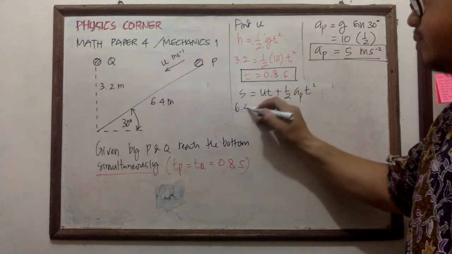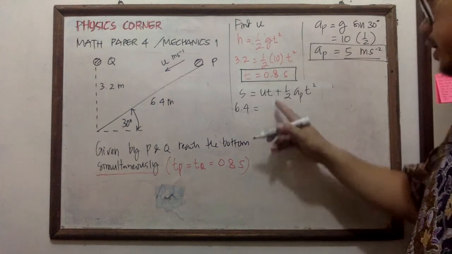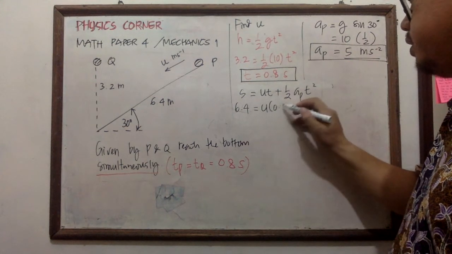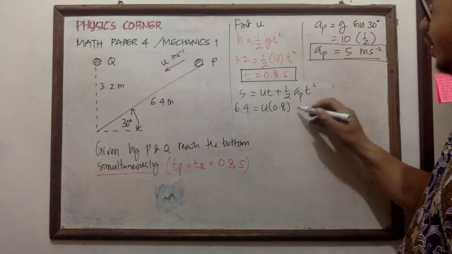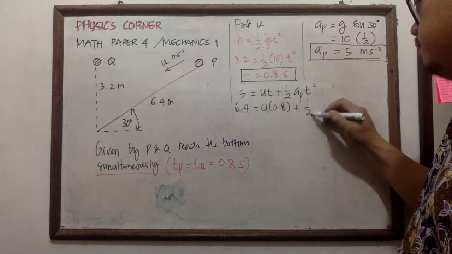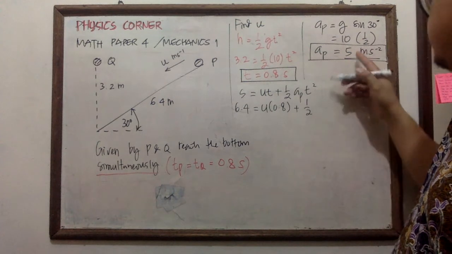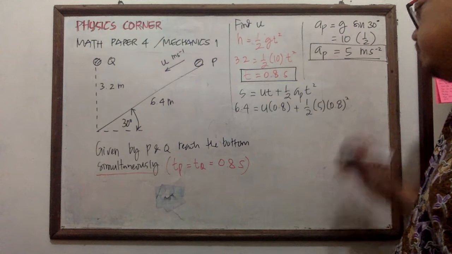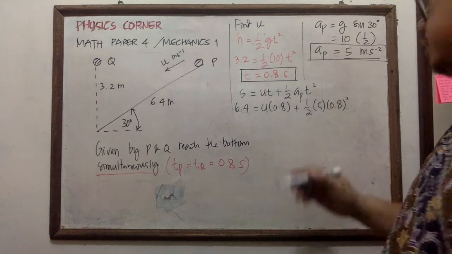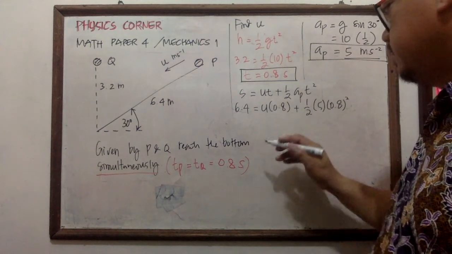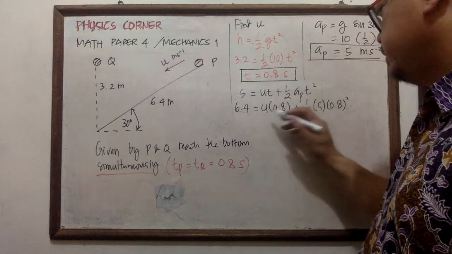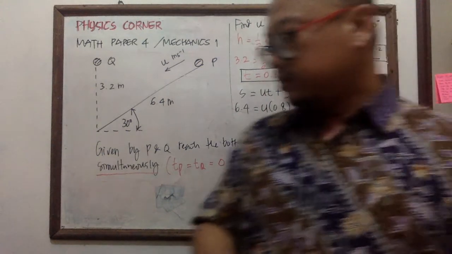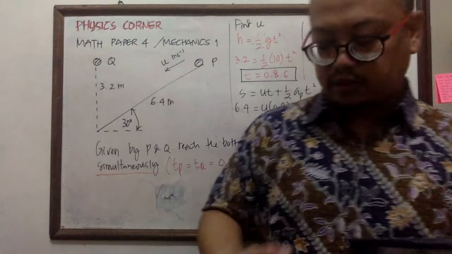We have this is 6.4, and here is what we want to find. So t equals 0.8 seconds, plus a half, AP is 5 and t is 0.8 squared. So 0.8 u equals here minus here. I will try to calculate this number first.